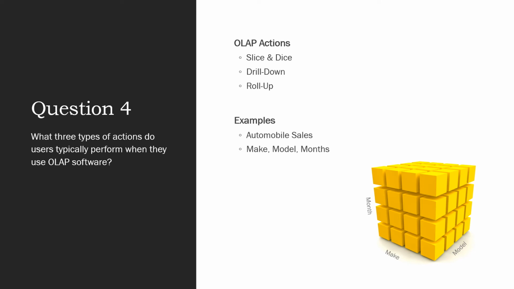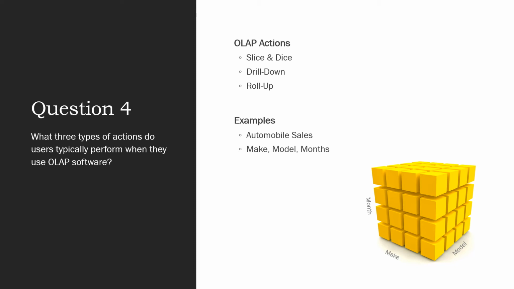Now, to perform the first OLAP action of slice, we choose one of our dimensions along the edge of the cube, and say, for example, we select a particular make of car, such as Ford. Using this selection, we effectively slice the cube to yield a subcube of sales numbers for all Ford models over each month of the year.